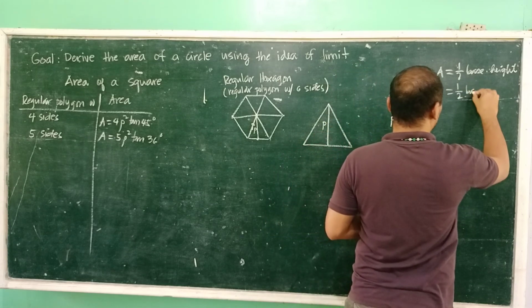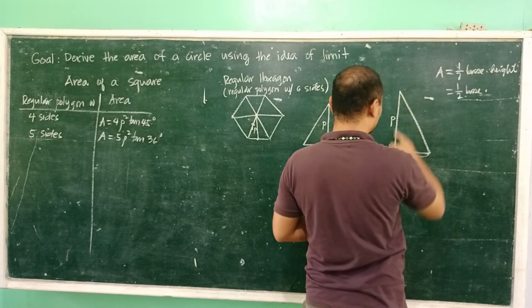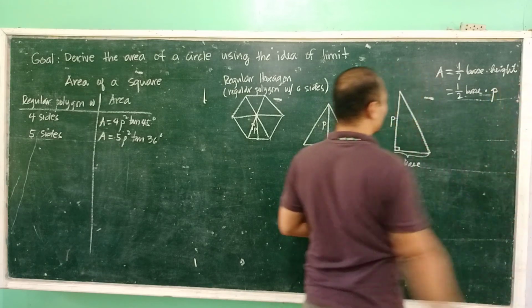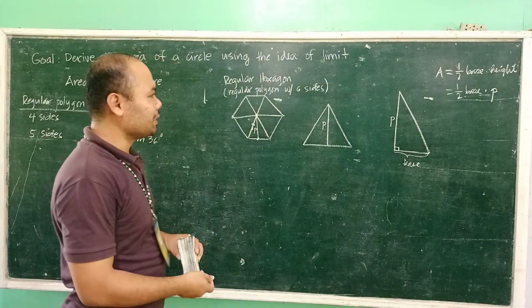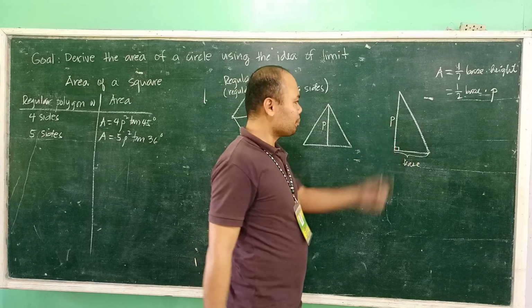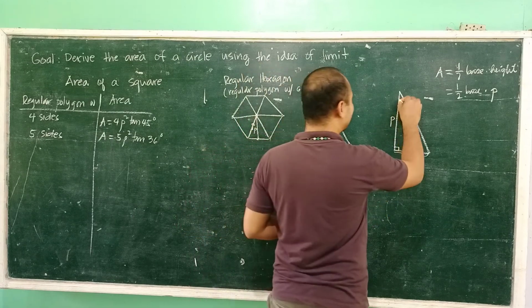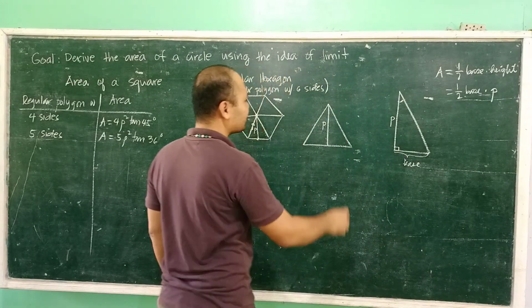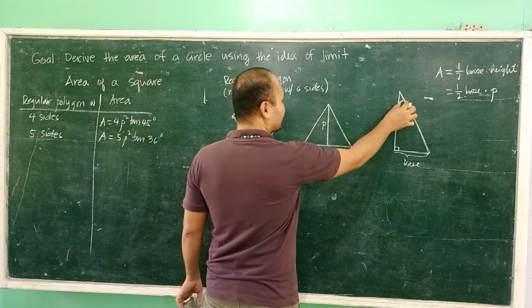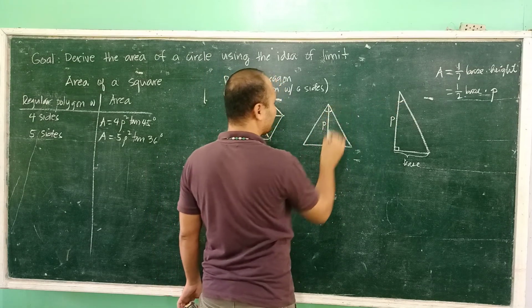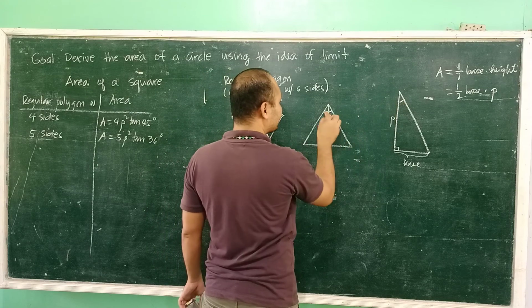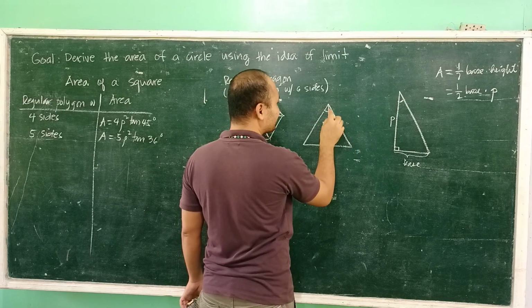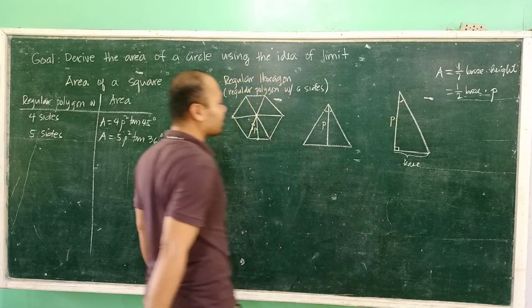We know that the height is just p. So we will be expressing the base in terms of p. But we need this angle, so we go back to this part. This angle is just half of this angle. So if we know this, we just get half, and that is the resulting angle there.